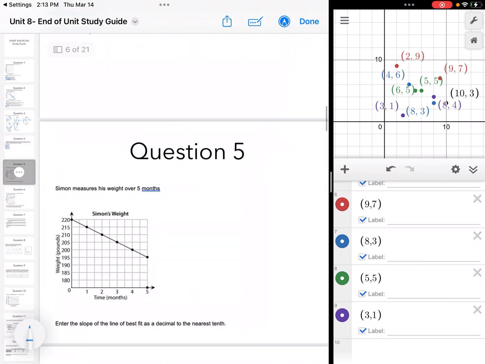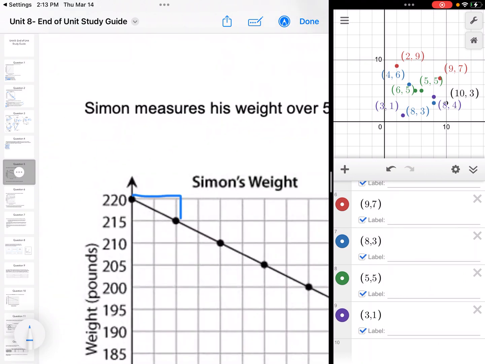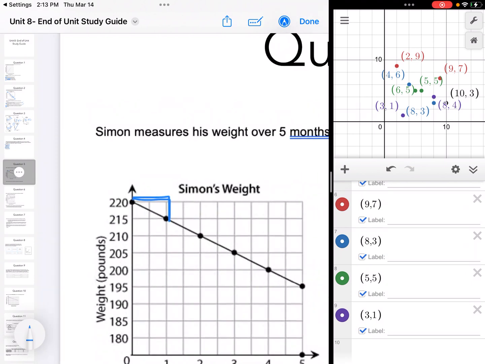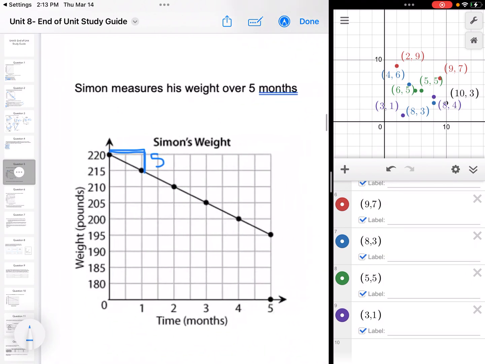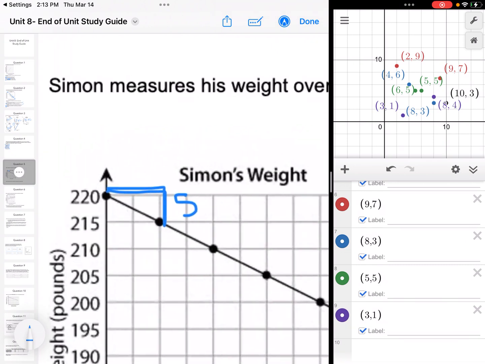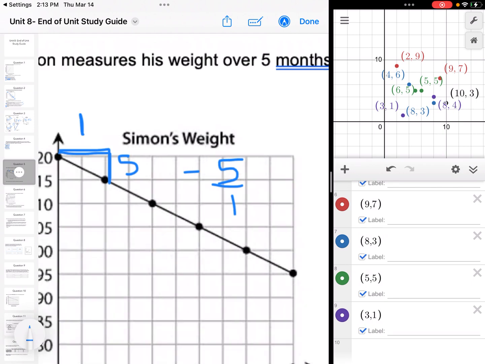All right. Simon is measuring his weight over 5 months. Enter the slope of the line of best fit. Okay, so the rise is 5, and the run is 2 blocks makes 1 whole. So rise over run, so 5 over 1, and it's going down, so that's a negative slope.